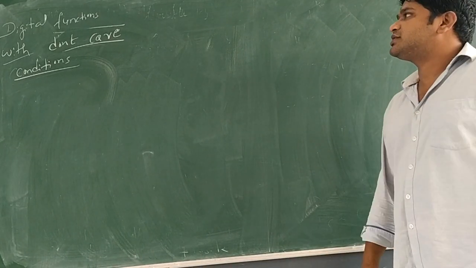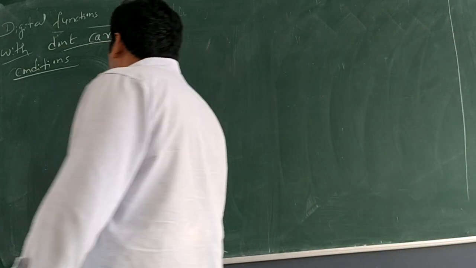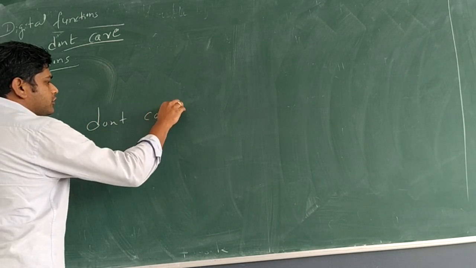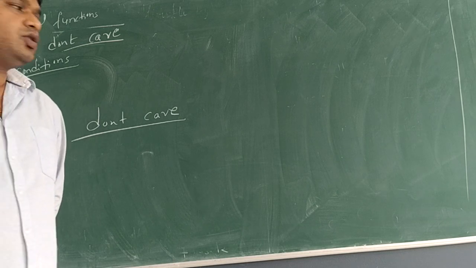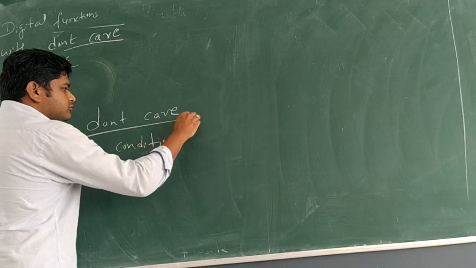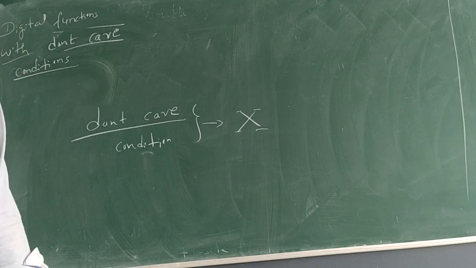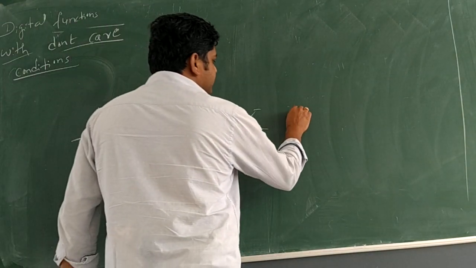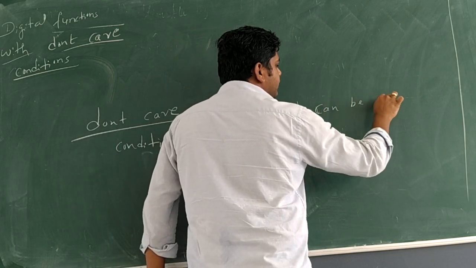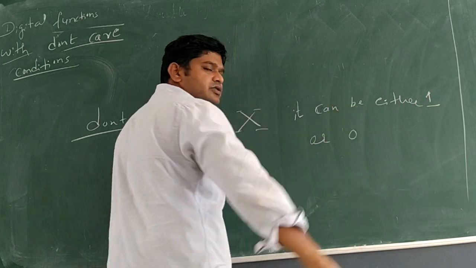Okay, today we will discuss digital functions with don't care conditions. The definition of don't care condition is: the symbol we use is capital letter X, and the value can be either 1 or 0.